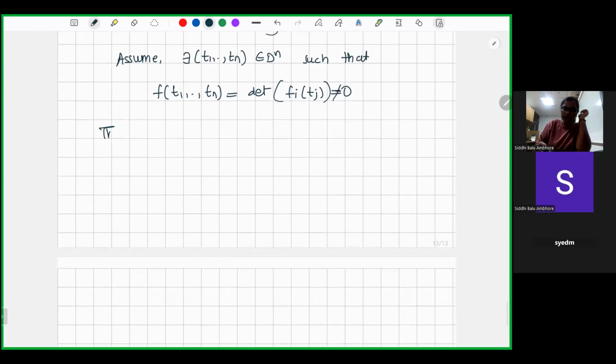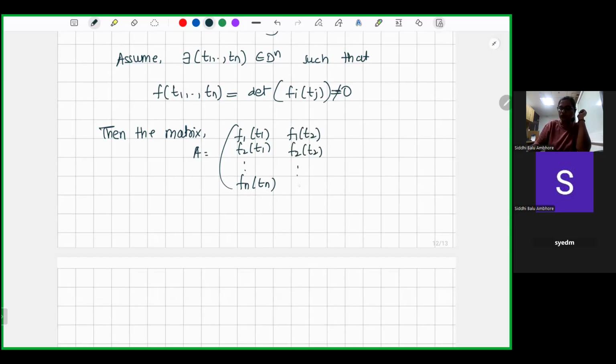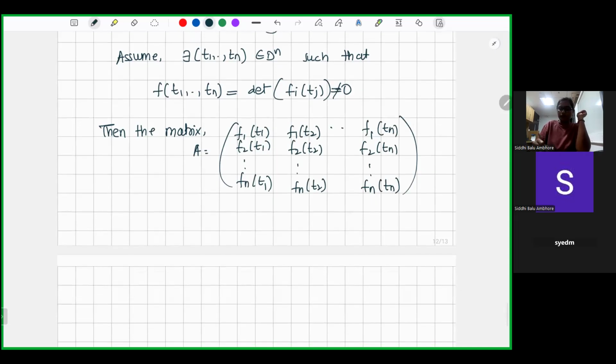So then the matrix A, again of F1(T1), F2(T1), Fn(T1), and F1(T2), F2(T2), Fn(T2), and so on, F1(Tn), F2(Tn), and Fn(Tn), has determinant non-zero, right?